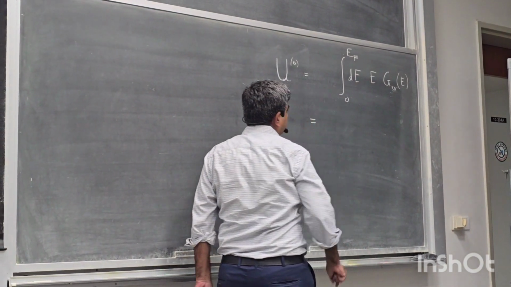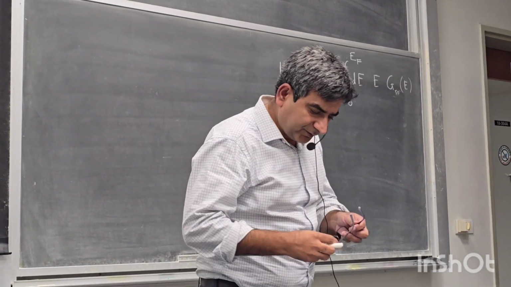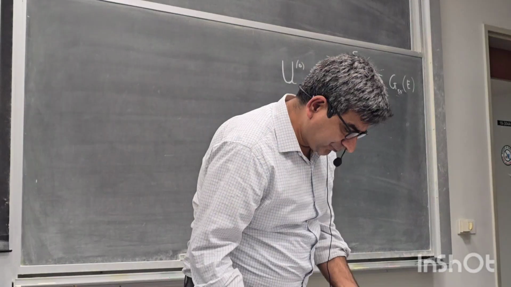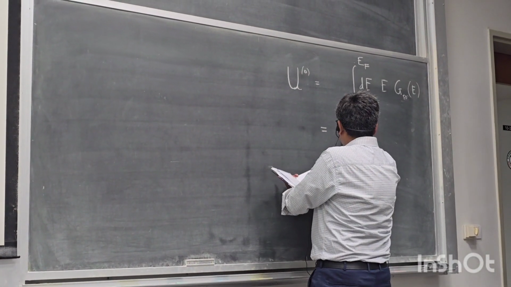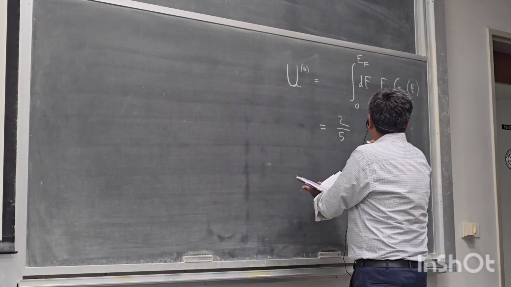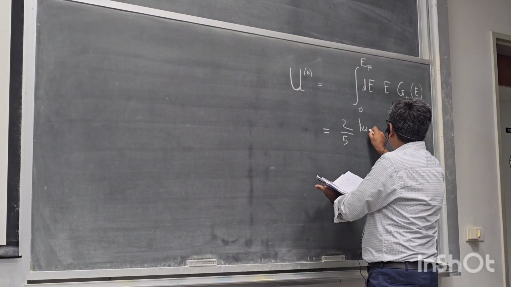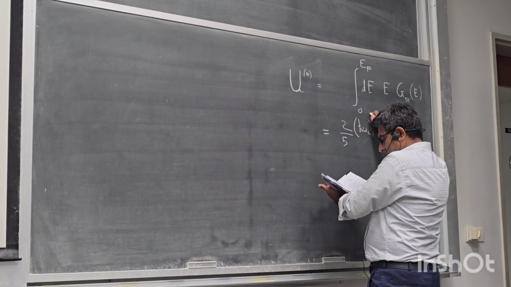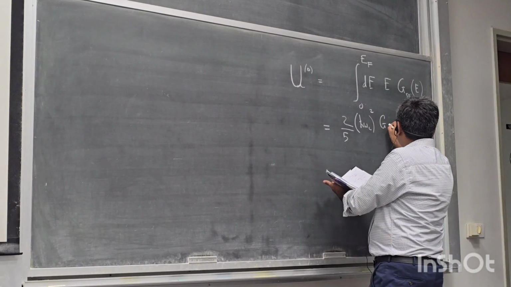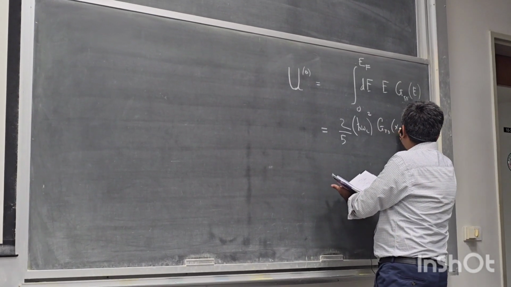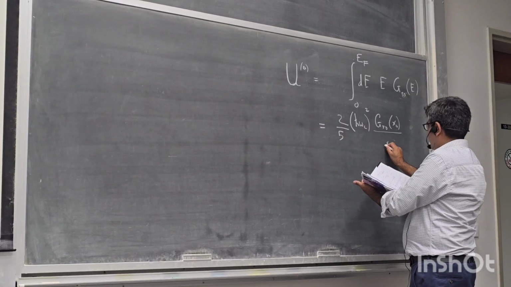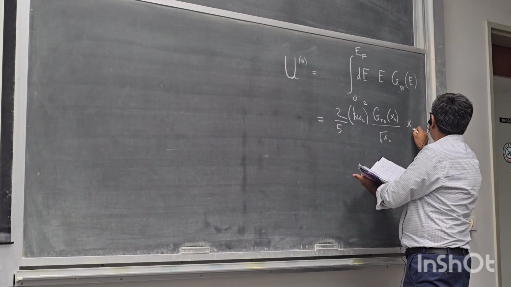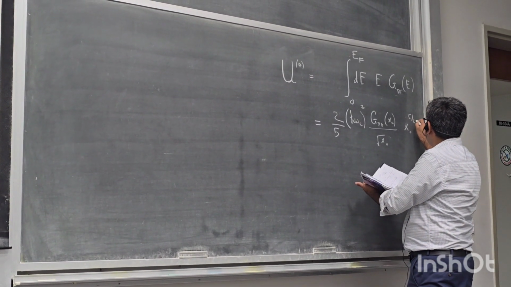And after we do all these substitutions, this turns out to be 2/5 (h bar omega c) squared G3D at the Fermi energy, x naught, divided by x naught, raised to the power 5/2.